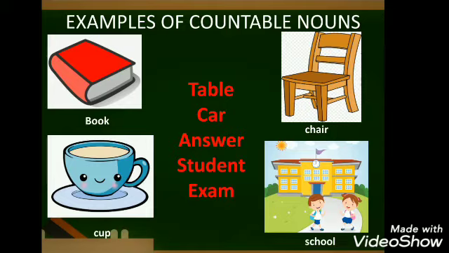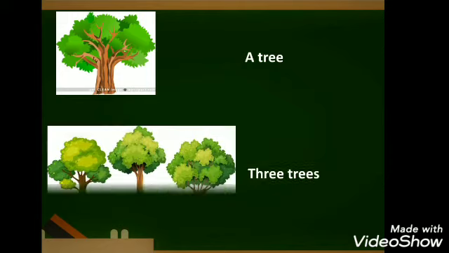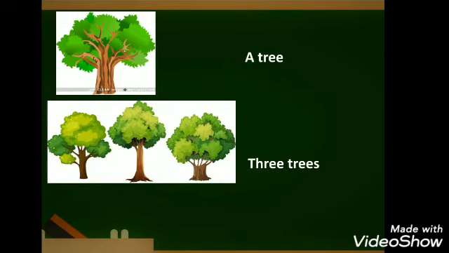Now let's try to understand what is countable noun with the help of another example. Let's take a tree. Here is a tree, trees. In the first picture we can see only one tree, so we can say a tree or one tree. In the second picture, we can see 3 trees. We can count them.